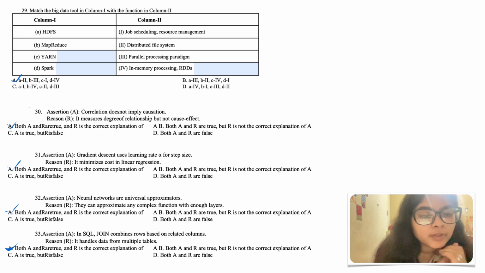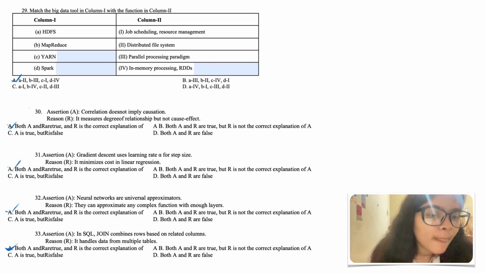MapReduce helps with parallel processing, and YARN is more about job scheduling and resource management. It allocates resources to the nodes in the server. Spark is associated with in-memory processing using RDDs.